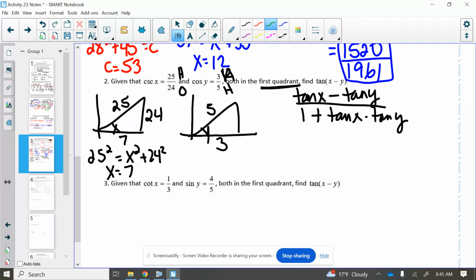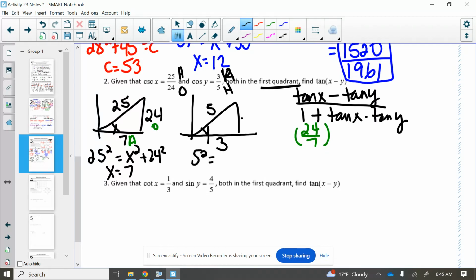Which means our tangent on this first one for x is going to be our opposite over our adjacent, so 24 over 7.